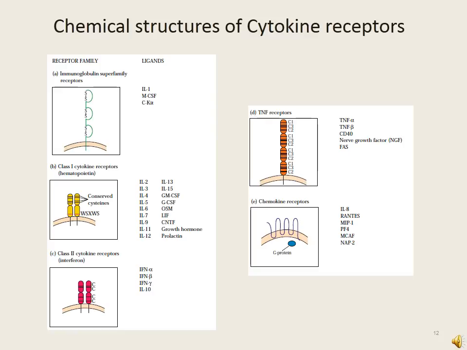There are 3 immunoglobulin domains shown in the slide, and then they group the cytokine receptors in class 1 and class 2. And for the right hand side, they classify into the TNF receptor and chemokine receptor, similar to the previous slide.